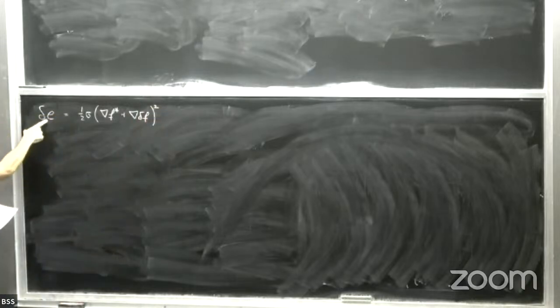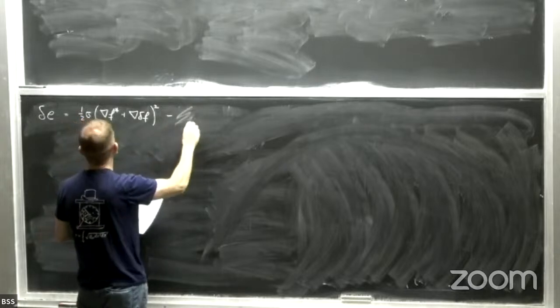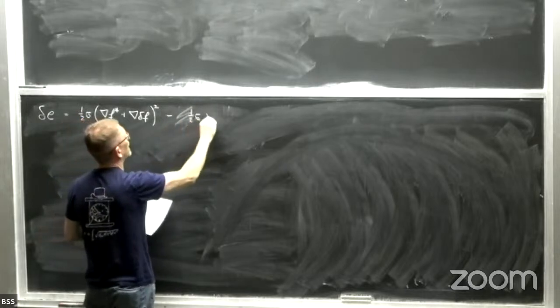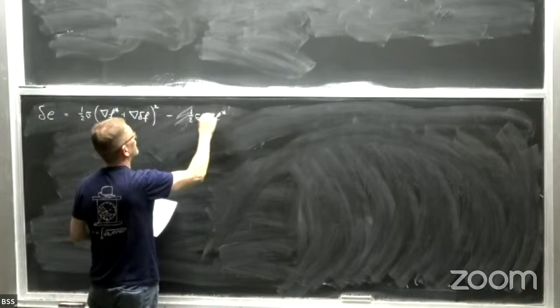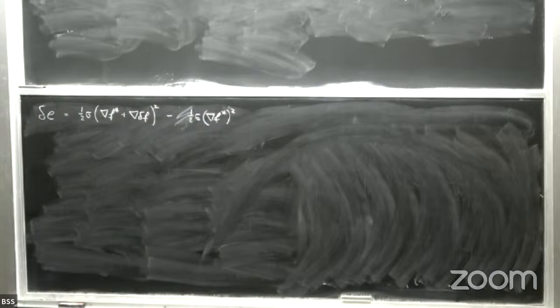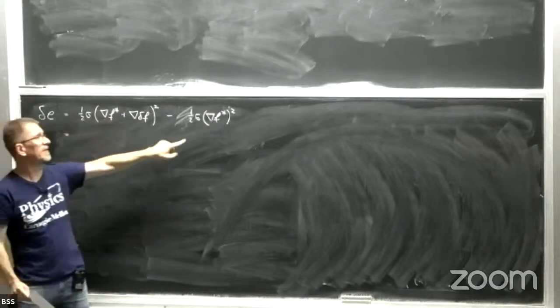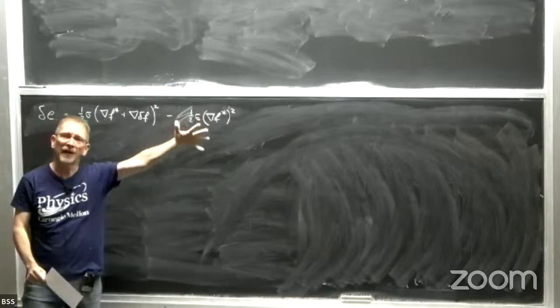And since I want to change, I have to subtract out 1/2 sigma grad f star squared. So we have to calculate that. And since we wiggle small, I'm going to only expand this up to linear order in delta. So if you square this out, the first term is 1/2 sigma grad f star squared, which is exactly what I'm subtracting out here. That goes away.